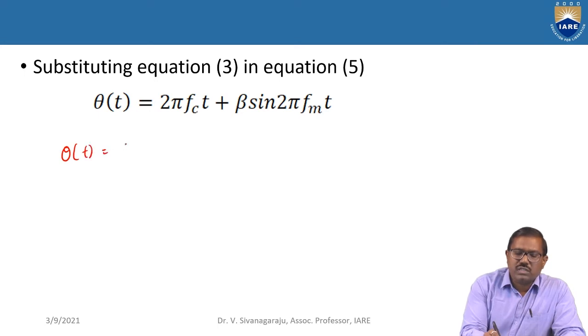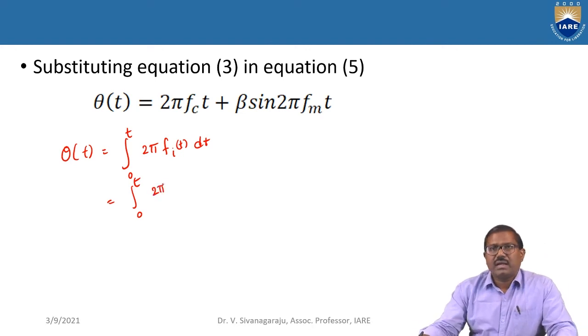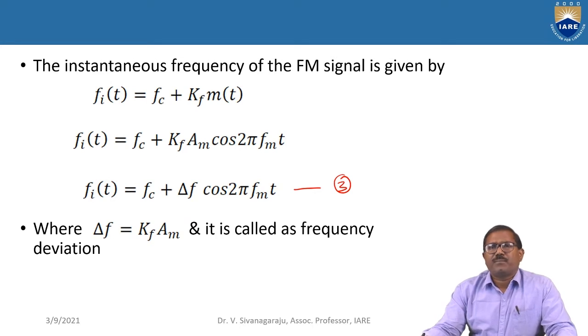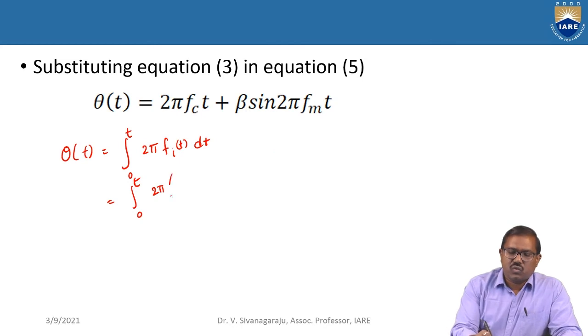Theta of t is equal to integral 0 to t of 2 pi fi of t dt, so integral 0 to t of 2 pi times the fi of t value, fc plus delta f cos 2 pi fm t, dt.